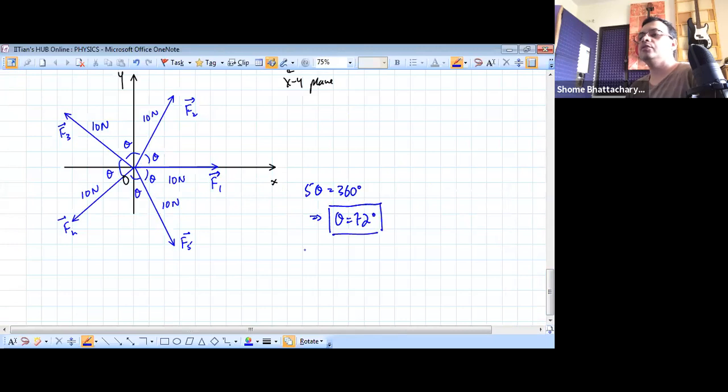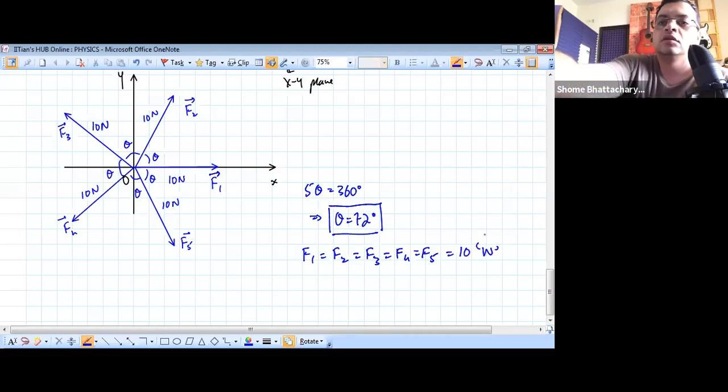And the magnitude of the forces is equal to 10 newtons each. Of course, you might say that we've drawn the vectors like this, so let's write F1, F2, F3, etc. in component form.